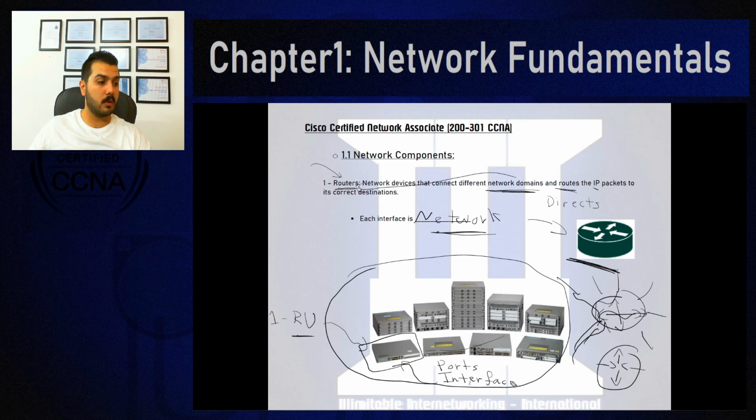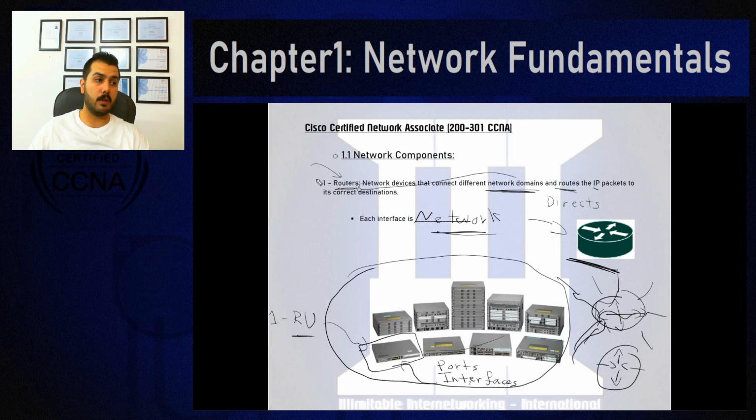We will use both of these terms in our upcoming study. Each single one is called either a port, a networking port, a device port, or also an interface. Mostly we use interfaces because our configuration in the Cisco commands relies on this term, the interfaces, not the ports.